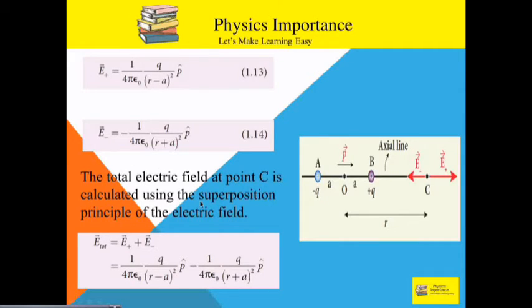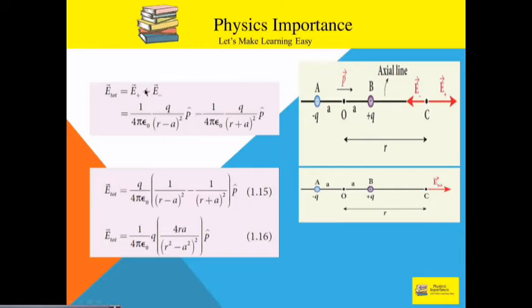The addition is given by the word superposition. Superposition means the addition of two electric fields. So E total is E plus plus E minus. Just substituting the values, that is q by 4 pi epsilon naught r minus a the whole square into P cap minus 1 by 4 pi epsilon naught q by r plus a the whole square into P cap.